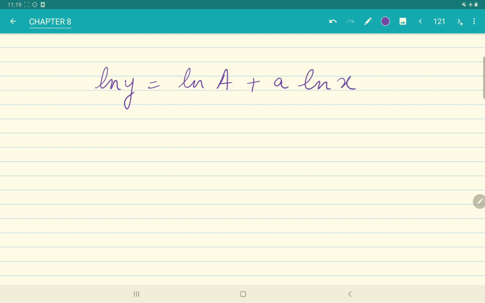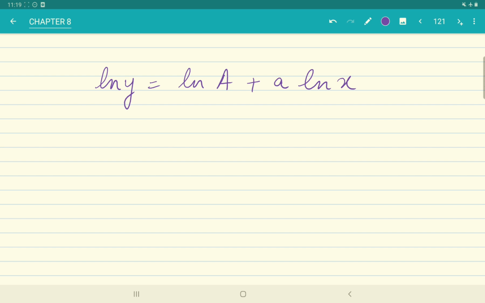I don't just want to find this equation, but I want to construct a formula for y as a function of x. I know that ln y and ln x are related in a linear fashion, to a very good approximation, so I can write this equation, and it will approximately hold true.